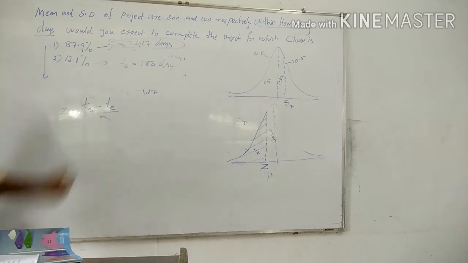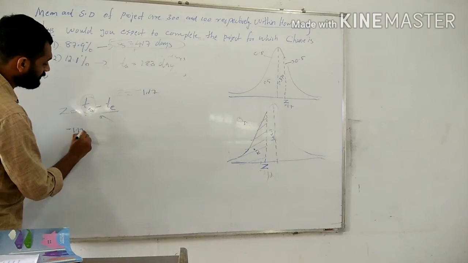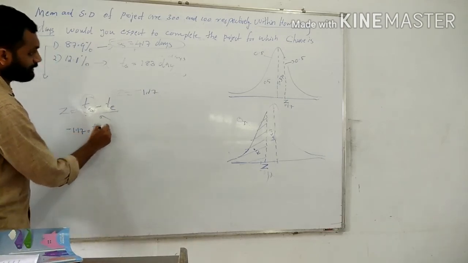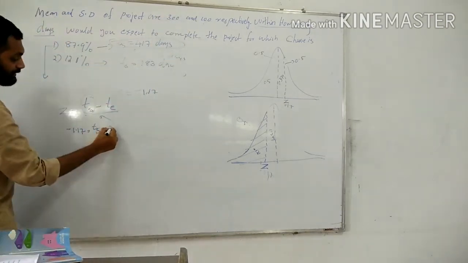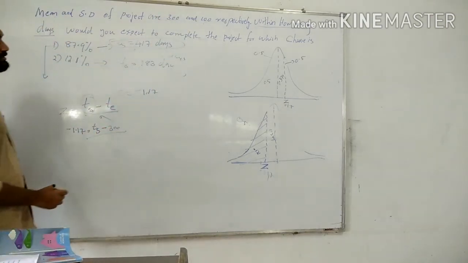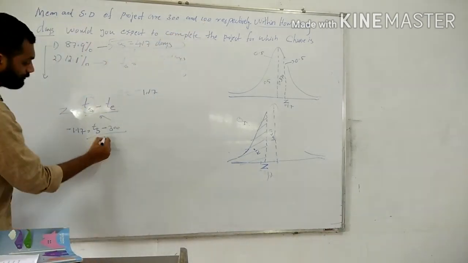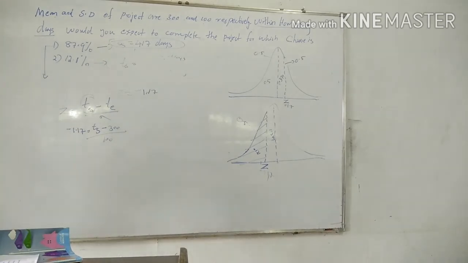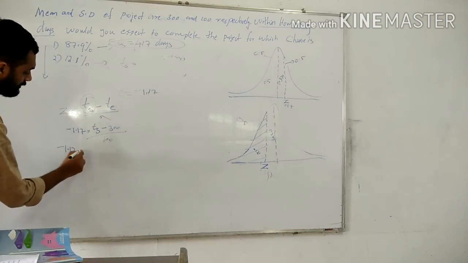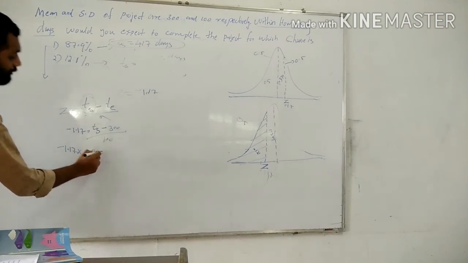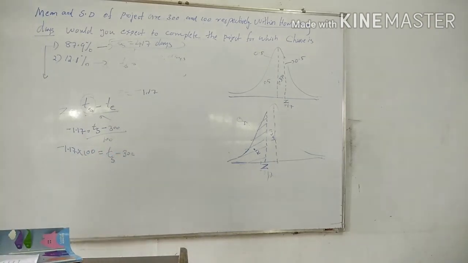We want to find the scheduled time. Z is minus 1.17, equal to scheduled time minus the expected time of the project, 300, divided by the standard deviation of the project, 100.